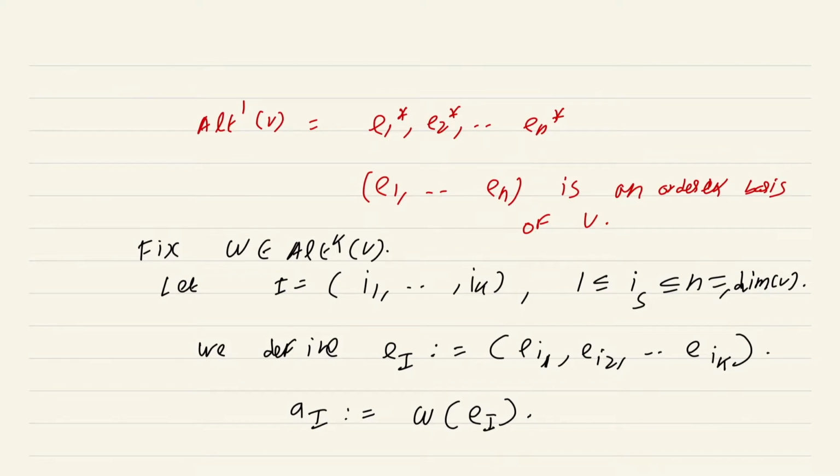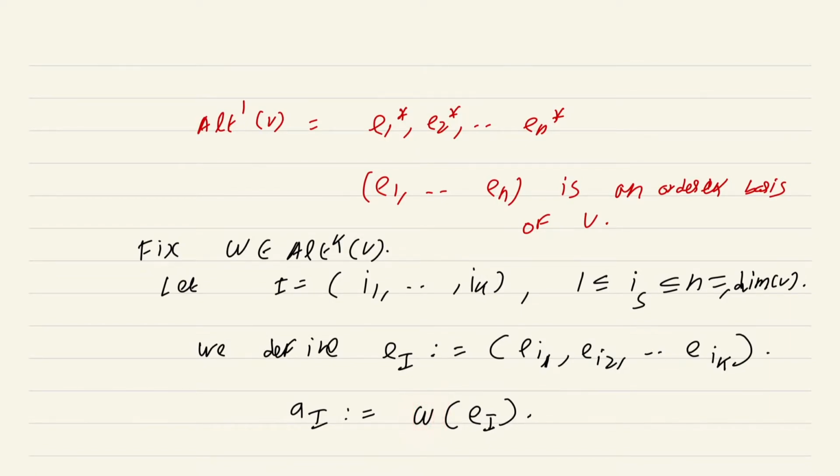Okay, note that all of this is happening under a fixed ordered basis of V. Now omega is not just any old function that eats up k-tuples and produces numbers. It is multilinear and alternating. So think for a while and convince yourself that if I knew all the possible a_I as I vary over all the multi-indices, I actually know the entire omega.